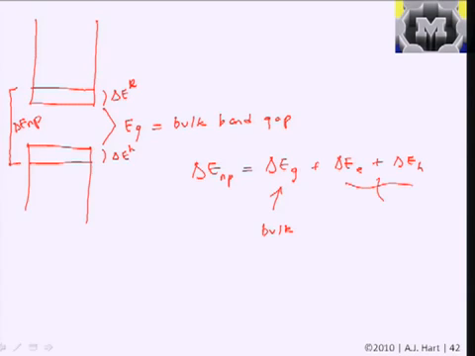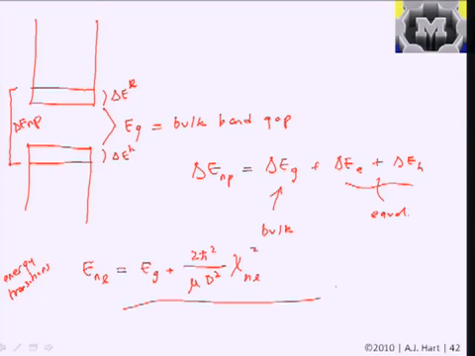And we're going to say these are equal, that the band picture is symmetric from top to bottom, and therefore we can say that the energy transitions are equal to the bulk gap plus twice times the result from before based on the effective mass times chi and L squared.